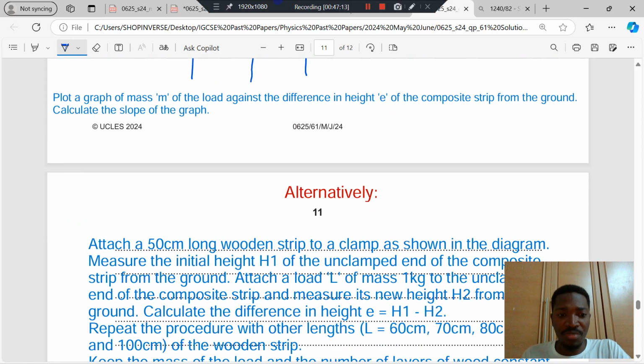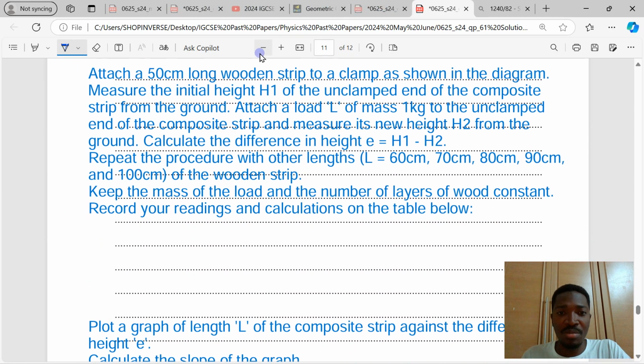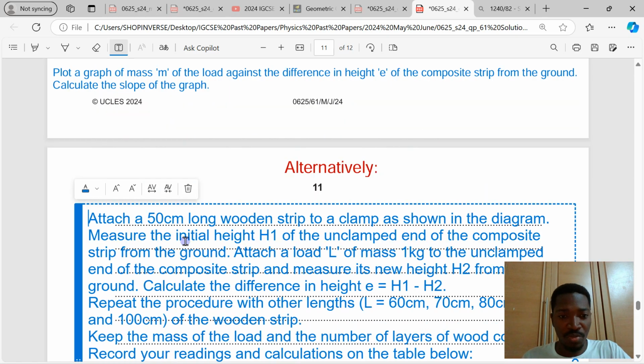There's another alternative way of answering this question. You may choose to answer this question in terms of length. So in this case, it is the length I'm increasing and I'm keeping the mass I'm attaching constant. Don't forget that I was supposed to have said clearly: use a meter ruler to measure.